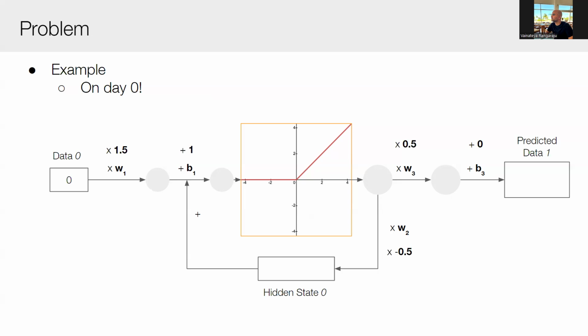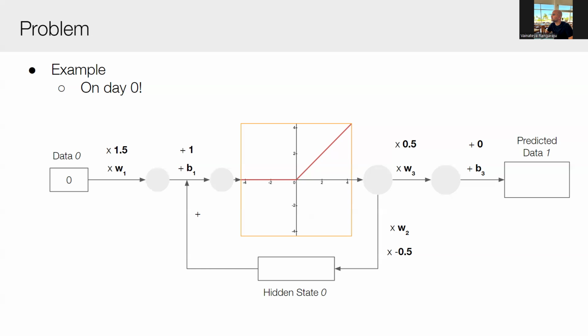Because of that, there is nothing that is recurrent in nature here. There is no previous time step's hidden state that we're going to be adding to this model. And so we'll proceed as regular. So this is just a vanilla neural network. We pass through the activation layer, multiply by another weight, add the bias, and we have the prediction data for t+1. So for day 1, we have this predicted data.